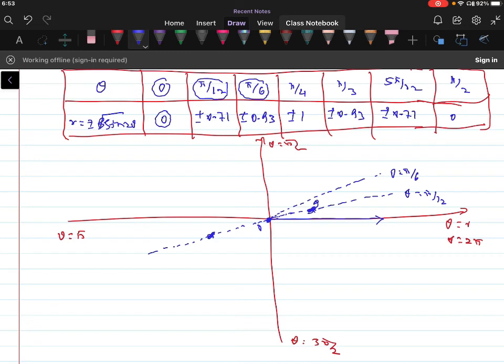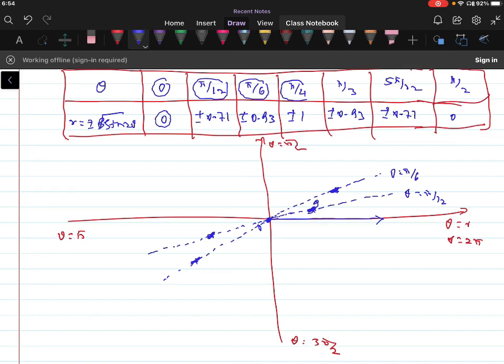So plus 0.93 is on the ray, the line theta is equal to pi by 6 in the first quadrant. From the origin to this point is approximately 0.93. The image of this point is extended from the origin, so let us take this point, which is minus 0.93 and theta is equal to pi by 6.